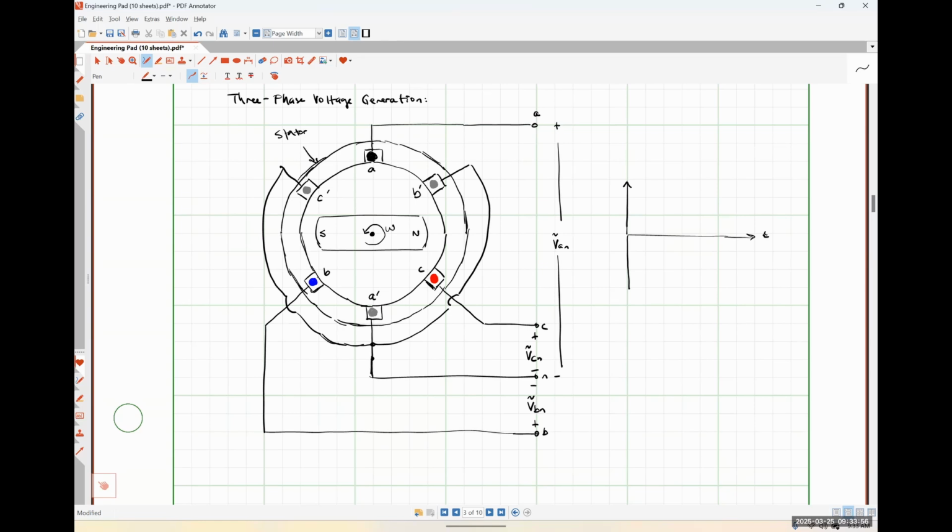So in black, I'm going to do my voltage VAN, okay? So because my flux is at its maximum, it's going to start at its maximum value. And let me make this slightly longer.